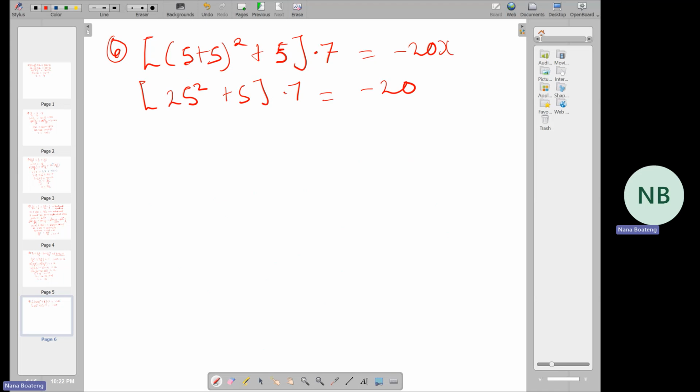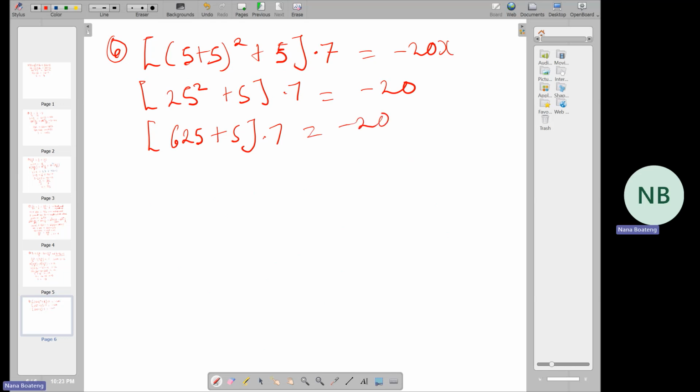All right, so 25 squared is 625. So this is 625 plus 5, times 7, is equal to negative 20x.